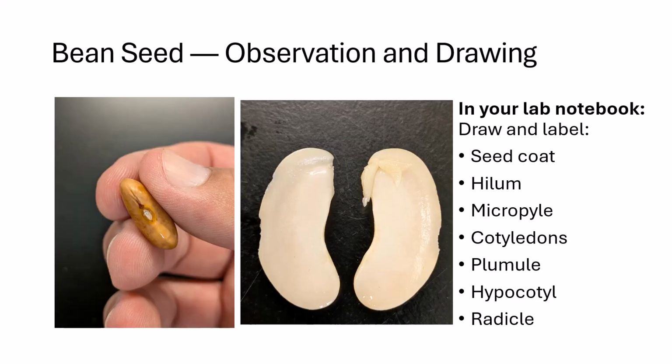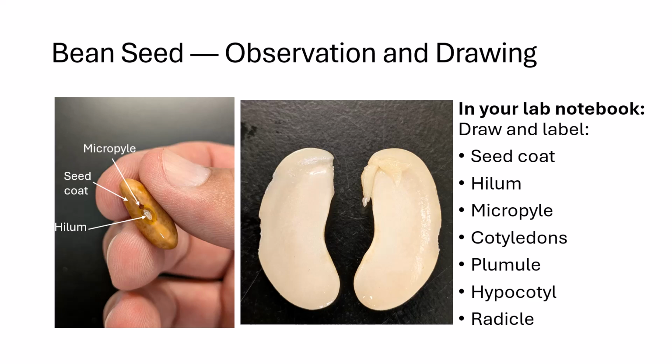Begin by examining the bean seed. First, observe the external structures. The outer protective covering is the seed coat, also called the testa. Look closely to locate the hilum, which is the scar where the seed was attached to the ovary wall inside the fruit. Near the hilum, you should see a small opening called the micropyle, which was part of the original ovule.